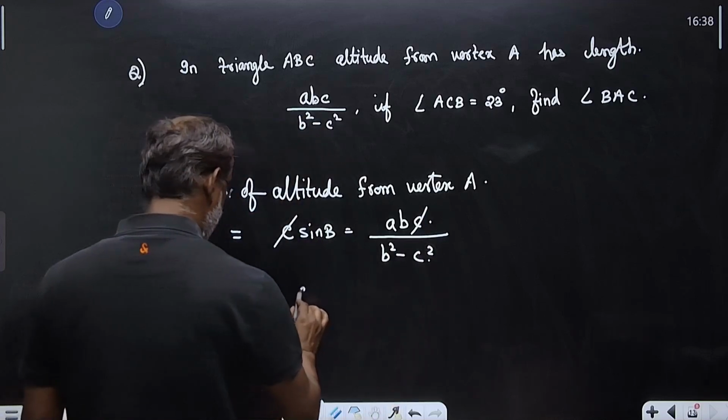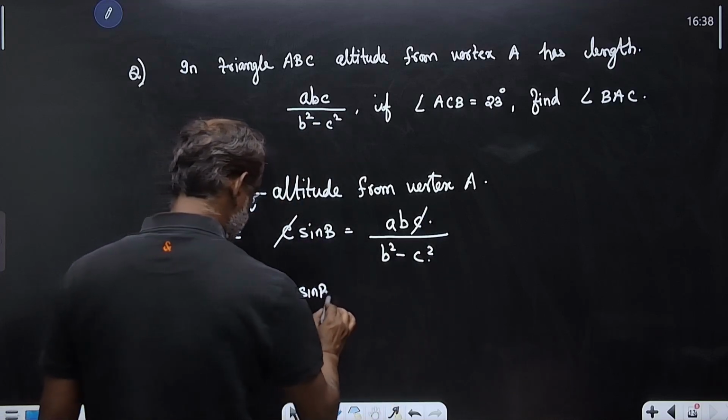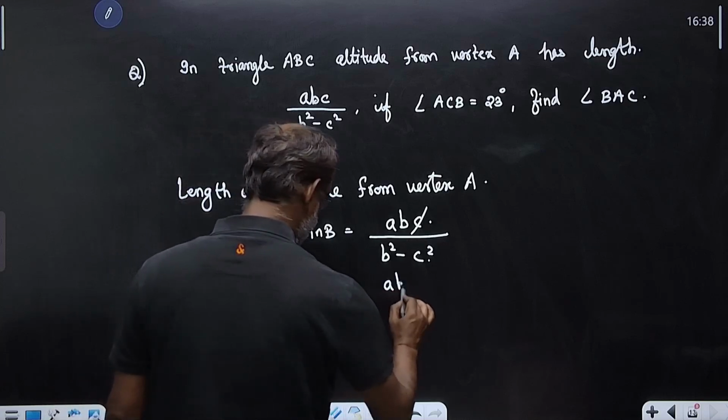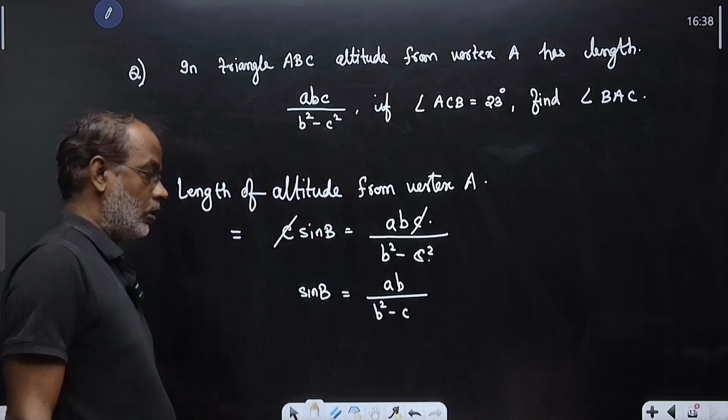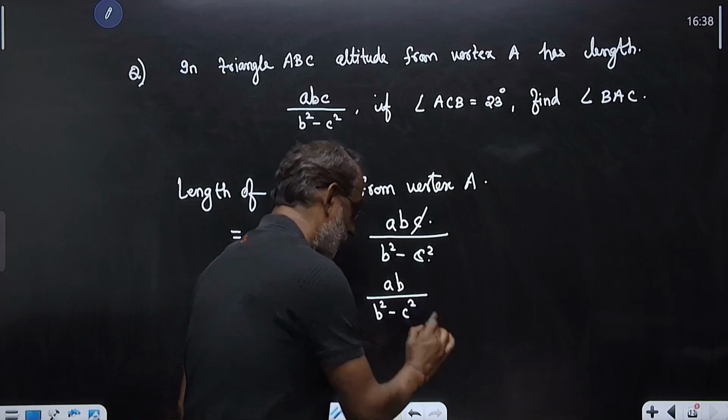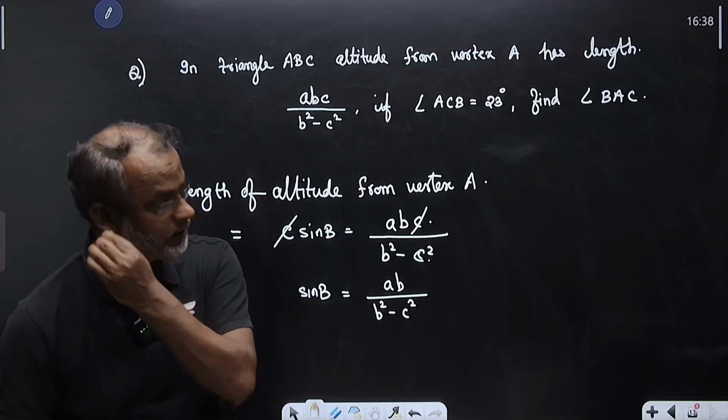So, sin B is AB upon, now either we write everything in angles or everything in sine.